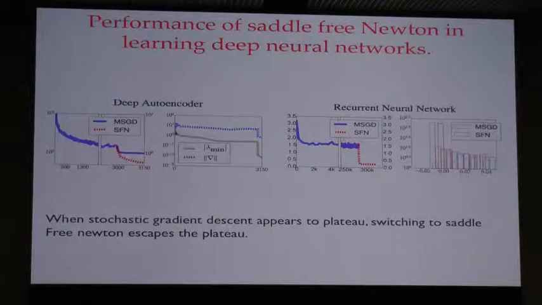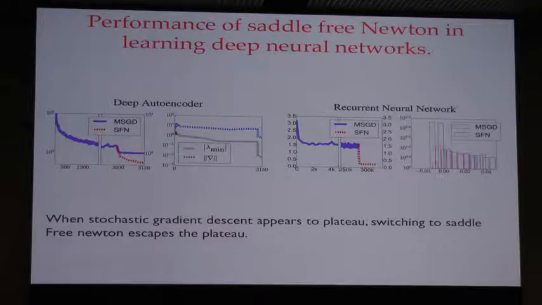How well does this work? These are learning curves for stochastic gradient descent for a deep autoencoder problem and also a recurrent neural network problem. And so with stochastic gradient descent, the learning slows down and it sort of flattens out. But if you switch at that point to the saddle-free Newton's method, the learning curve suddenly drops again.